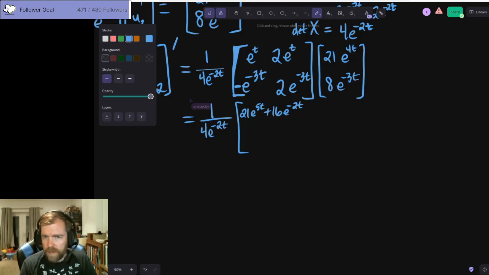Second part, we get a negative 21 e to the t and a plus 16 e to the negative 6t.